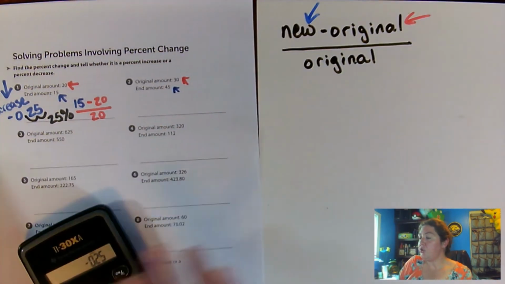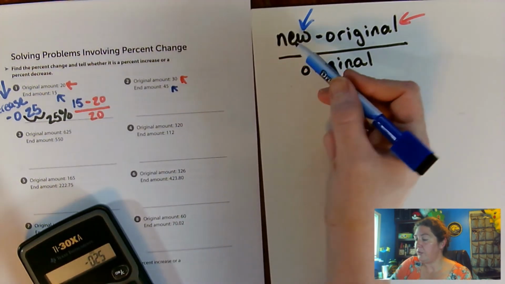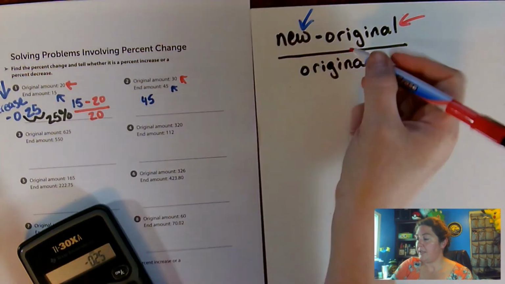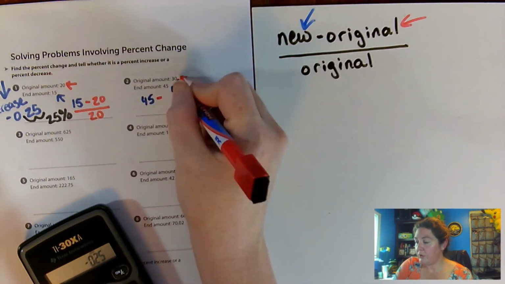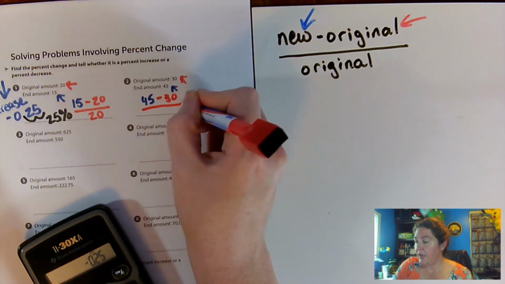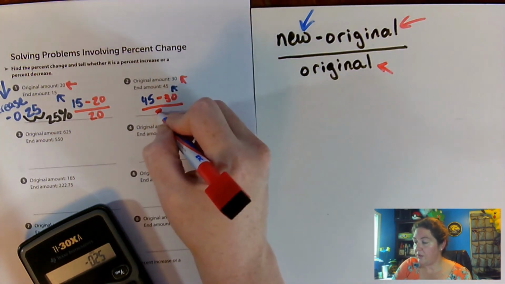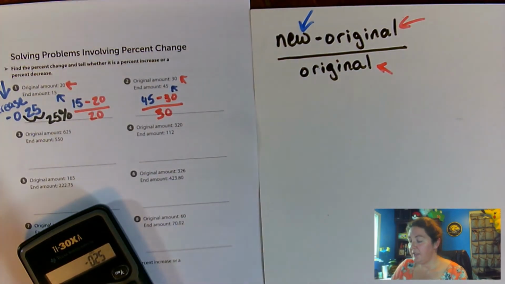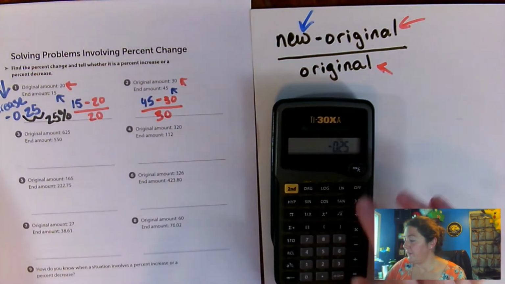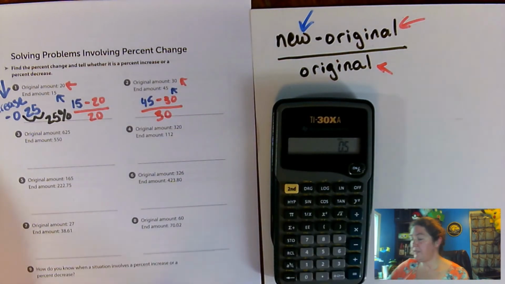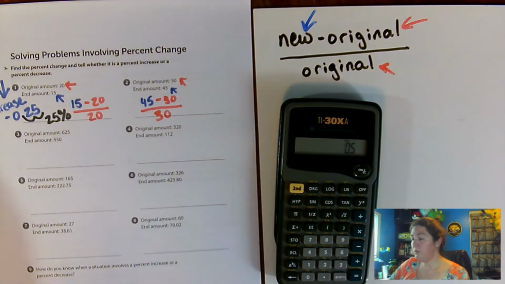So my new number is 45, minus original, which is 30, and we're going to divide by the original, which is 30. Alright, so in my handy dandy calculator, 45 minus 30 divided by 30 gives me 0.5.